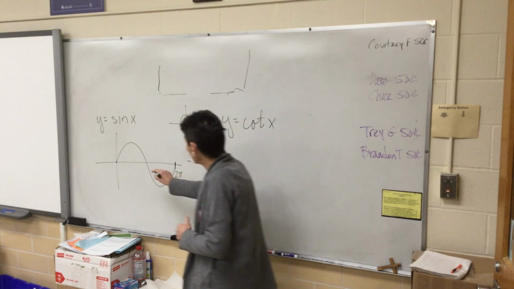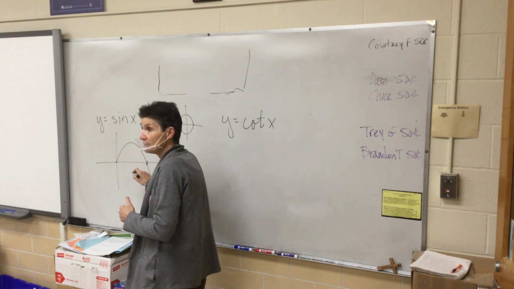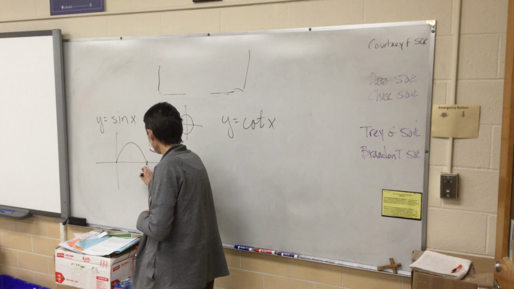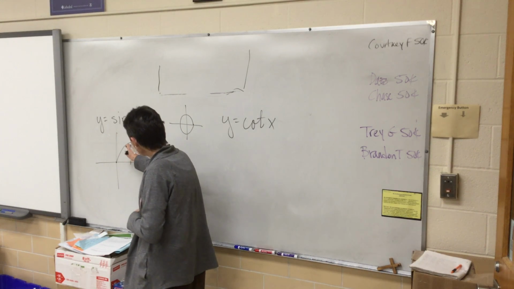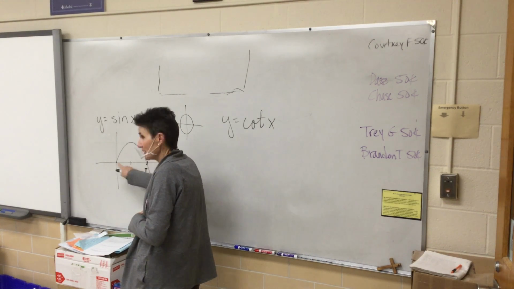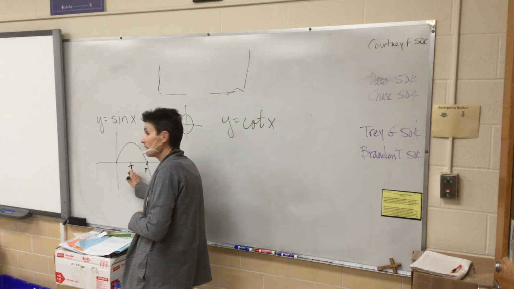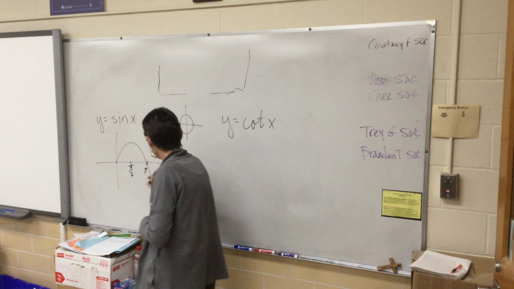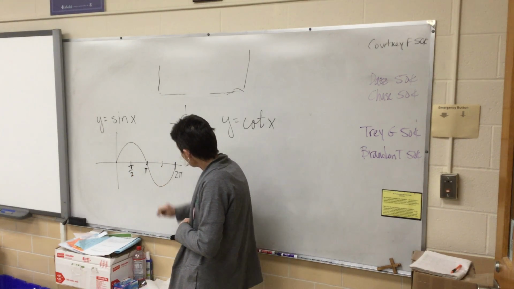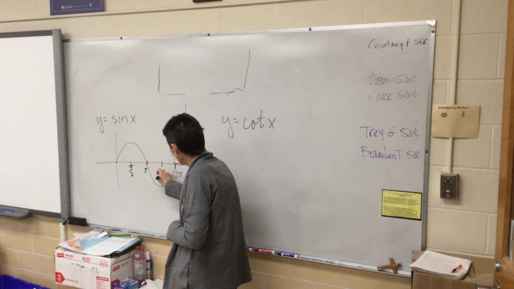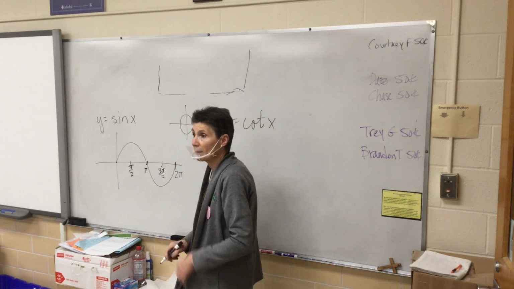So it's 2 pi, which means the middle piece here will be pi. And the top of the hill here, which is the middle of the hill, will be pi over 2. And then the bottom of the valley here is 3 pi over 2. 1.5 pi or 3 pi over 2.